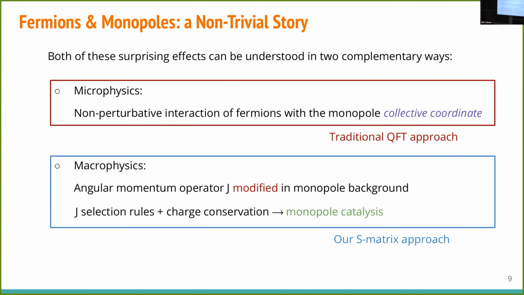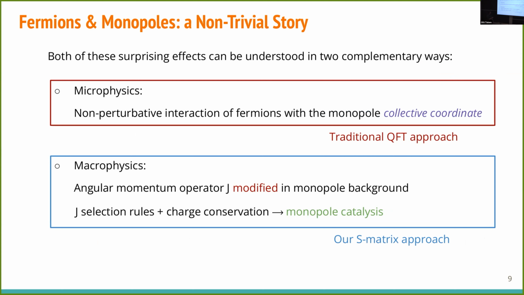But like I said, you could just run the microphysics of this effect. And the microphysics is that there are some non-perturbative interactions of the fermions with the monopole collective coordinate, and that interaction is non-decoupling. That's a traditional QFT approach, which we're not going to take in this talk. However, we will show that you can also explain it by macrophysics.